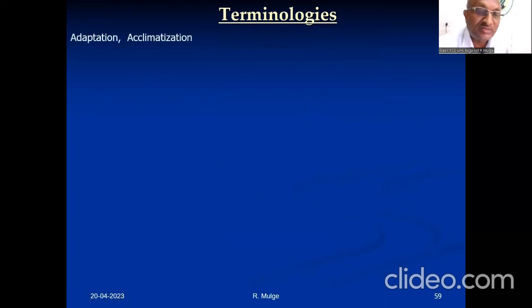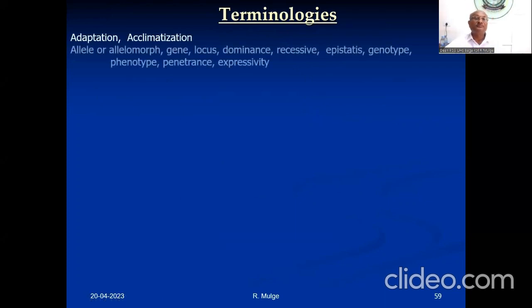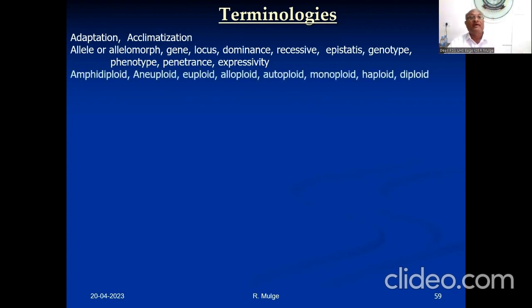Yeah, we were discussing the terminologies, different terminologies. What are the terminologies? Just have some look at them, and then we can go back to the breeding principles. Adaptation. What is adaptation? What is acclimatization? Allele or allelomorph, gene, locus, dominance, recessive, epistasis, genotype, phenotype, gene penetrance, expressivity of gene, aneuploid, euploid, alloploid, autoploid, monoploid, haploid, diploid, so many terms.